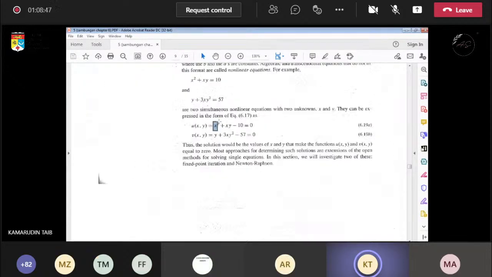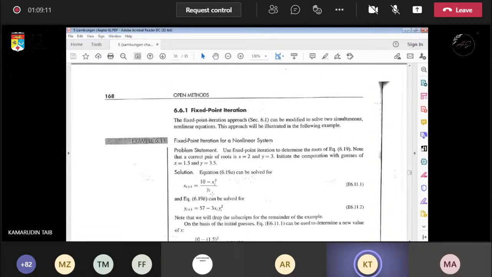Using fixed point iteration, we have 10 minus xy, and then the square root. So x is equal to plus or minus the square root of 10 minus xy.